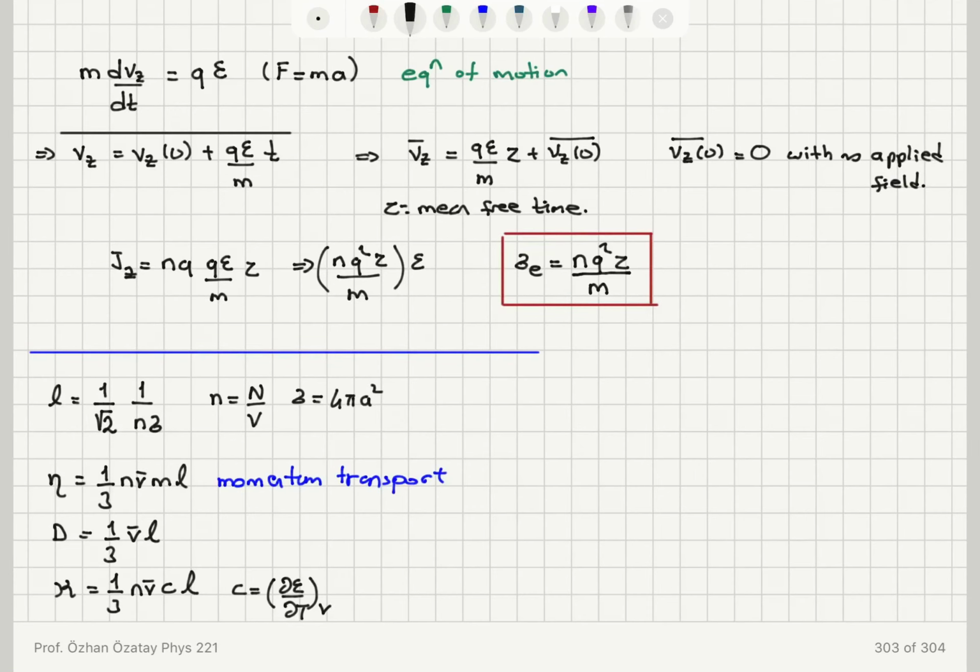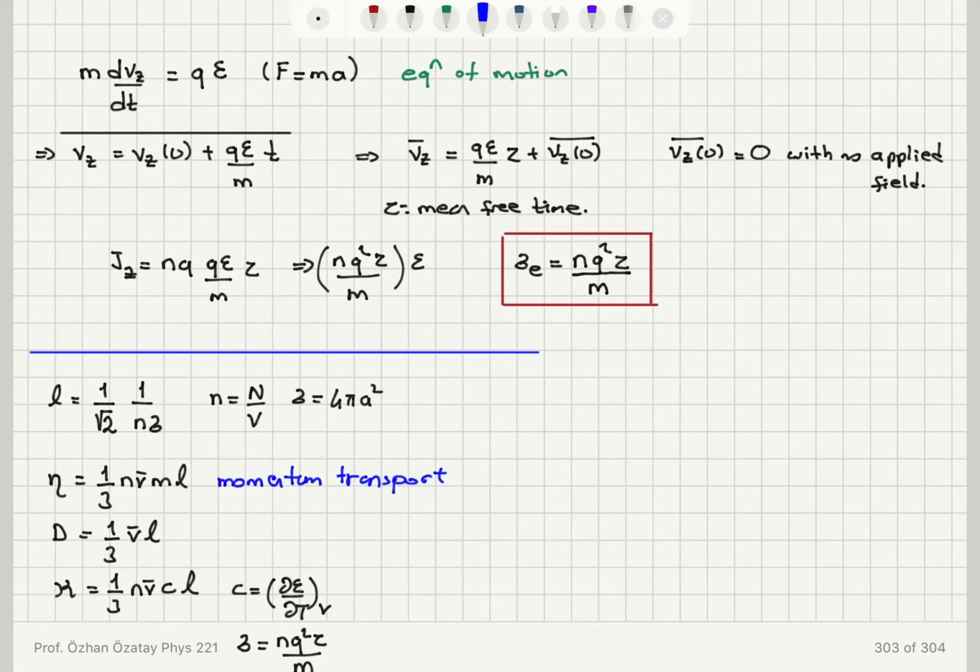It is the heat capacity per particle. And then we talked about electrical conductivity. For electrical conductivity sigma, we found n q squared tau over m, where tau is our mean free time.